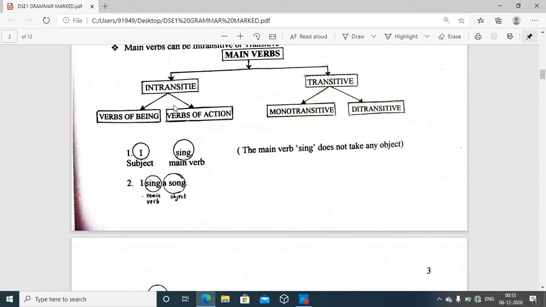Only by looking at the sentence, only by checking whether in this or that sentence the main verb takes or does not take an object, can you decide whether it is intransitive, that means it takes no object, or whether it is transitive, by taking an object or two or more objects.